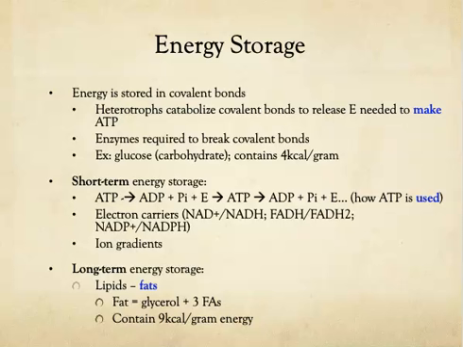There are other molecules that are also used for the short-term energy storage in a cell. ATP is a short-term energy storage molecule. Remember, the way a cell uses ATP is to break off the phosphate bond and release some energy, or to put the phosphate back on and store some energy. So ATP can be used for short-term energy storage.